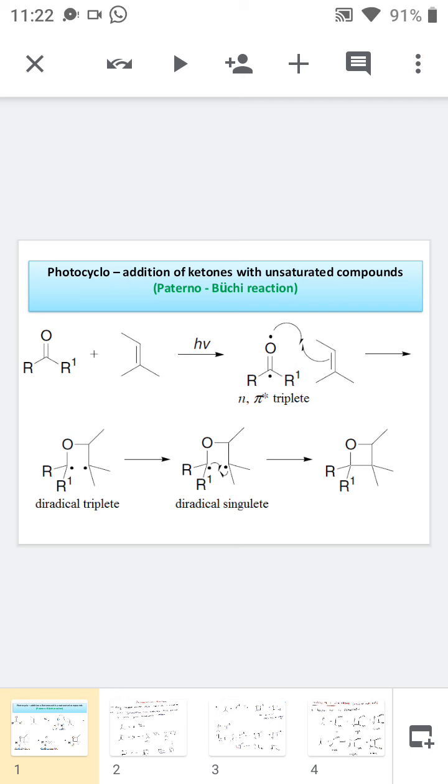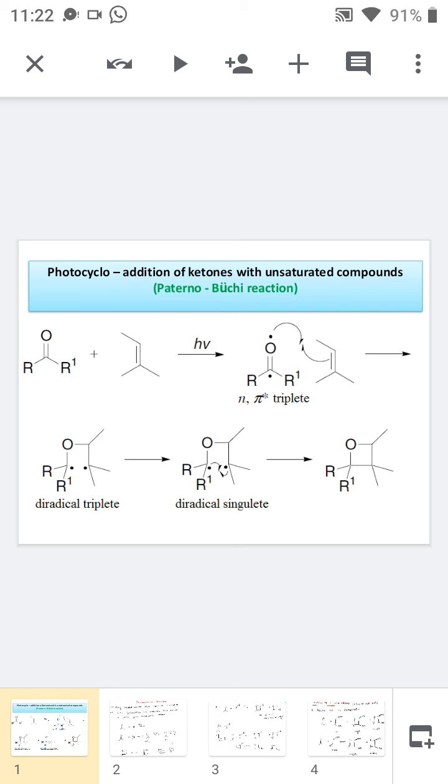Here we can see that in the carbonyl group the most reactive radical is the oxygen radical, because the oxygen radical is highly unstable, and in the alkene the secondary radical is highly unstable. So the oxygen radical combines with the secondary radical of the alkene and forms a diradical triplet.